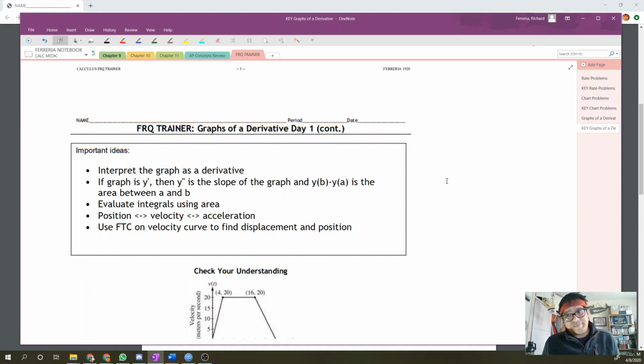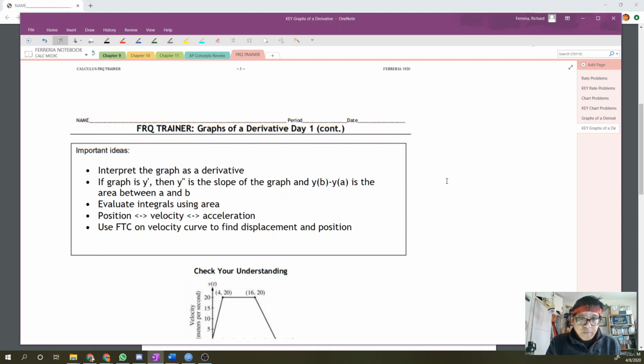Figure that part out on your own. So we need to interpret the graph as a derivative of something. It's very rare for the AP Calculus exam to give you a graph that's not a derivative. There are a few reasons for this, but you can pretty much take it on faith. If you're given a graph, it's the derivative of something.